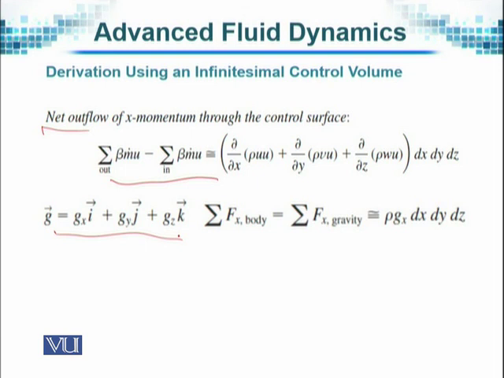So in general form, we have to write all its three components in x, y, z directions, in which i, j, k are unit vectors. And likewise, the body force, normally the gravitational force, will have its value in the x component direction as this.